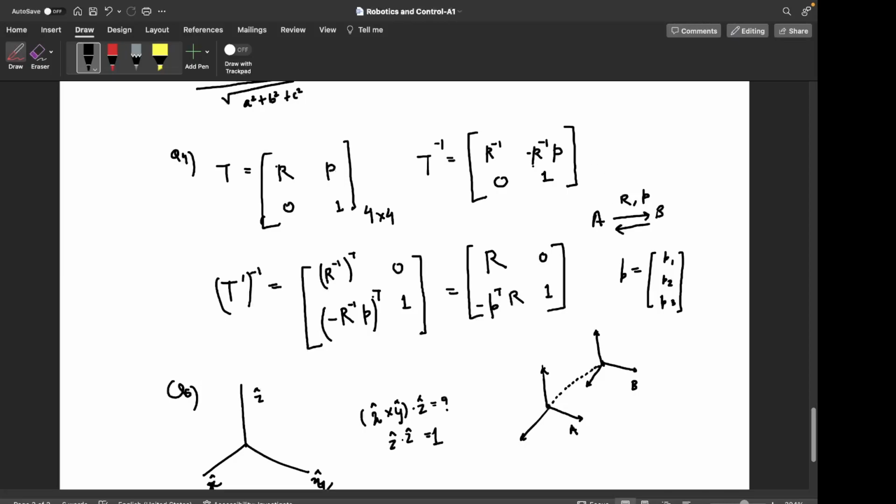So that might give you the intuition of a minus sign. Now, where does the R inverse come from? So remember, R is transforming from A to B, right?